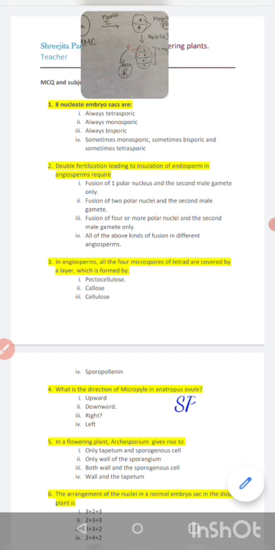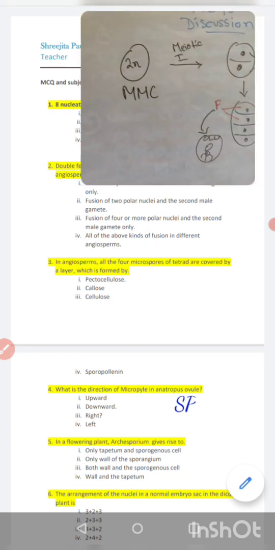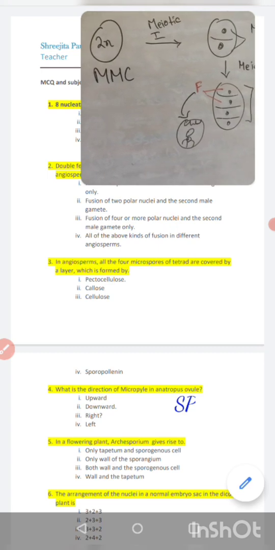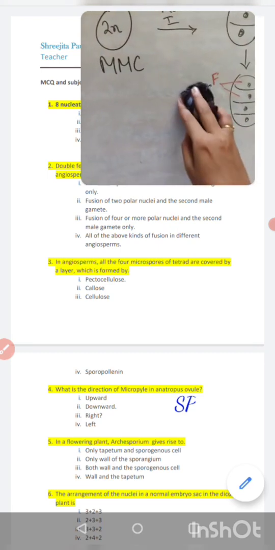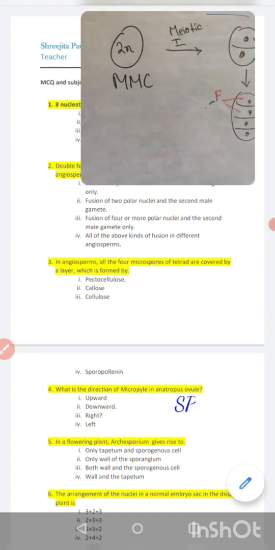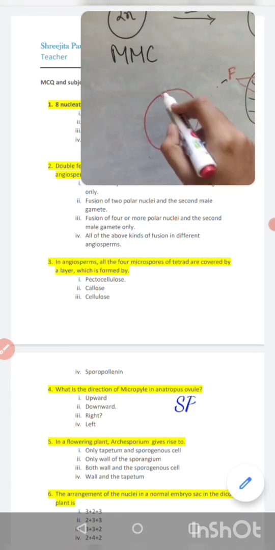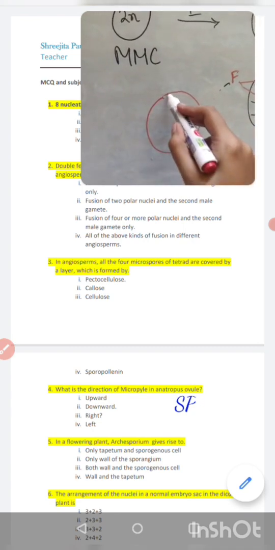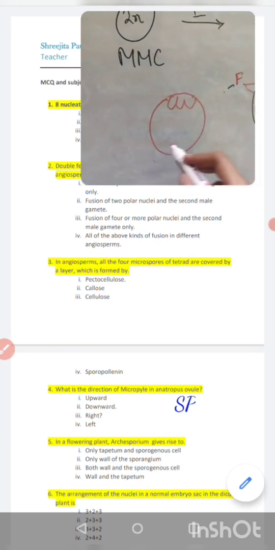Double fertilization is a unique event that is specific to the angiosperms. What happens in double fertilization, student? The pollen grain divides and forms two male gametes, and the two male gametes enter inside the embryo sac.